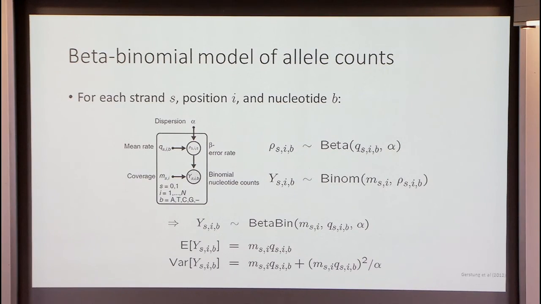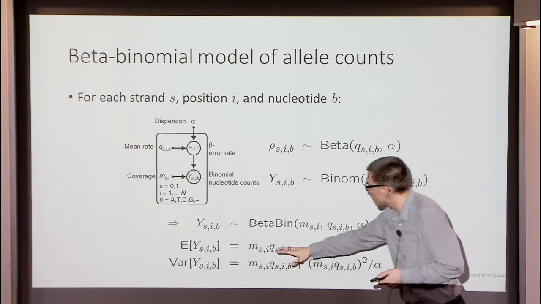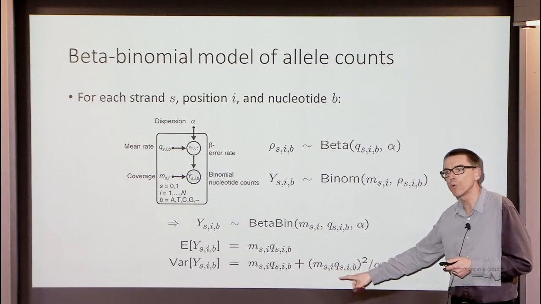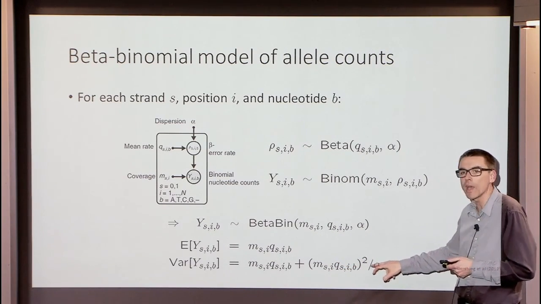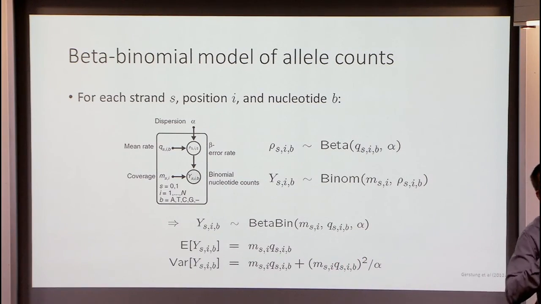For beta binomial, this parameter here is actually not fixed, but drawn from another distribution, in this case a beta distribution, which again has a mean value q and a hyperparameter alpha that controls the amount of additional variation. So this beta binomial distribution is very similar to the binomial, has the same expected value, of course, and the variance has this additional component here, where you see that when alpha gets very large, the additional component in the variance will disappear, and if alpha is very small, you have an additional contribution here.